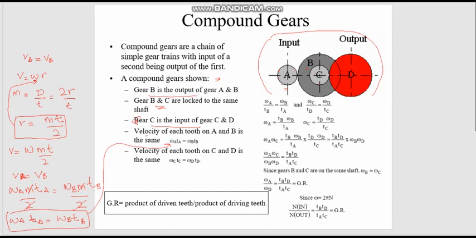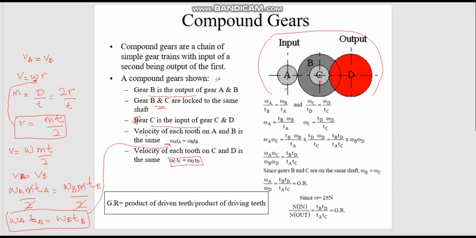So for the combination of C and D gear system, using the same argument, we can say that omega C times TC is equal to omega D times TD, right?